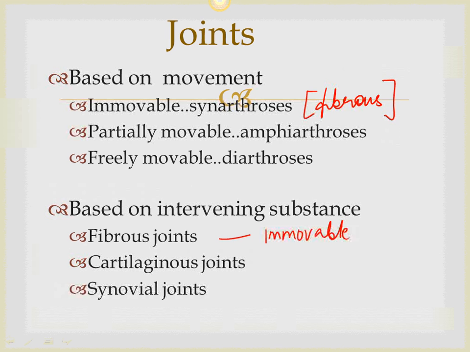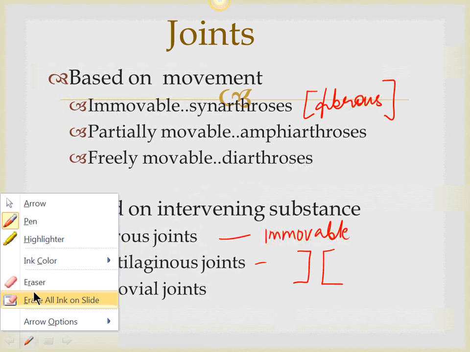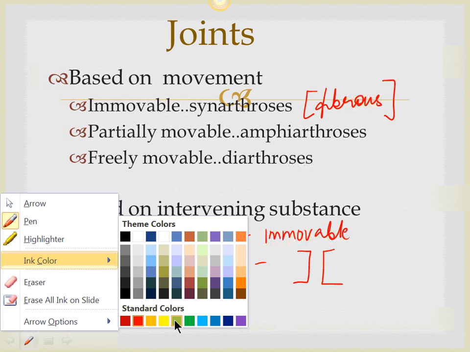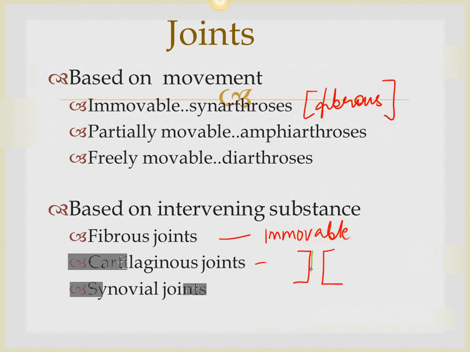Next is cartilaginous joints. So here there is cartilage which intervenes between the two bones. So if these are two bones, you have cartilage intervening. The cartilage could either be hyaline or it could be fibrocartilage.